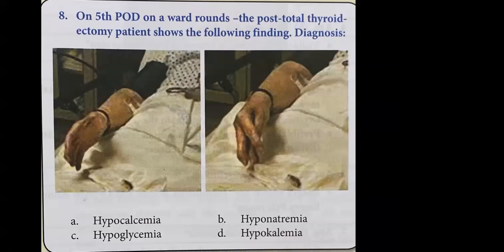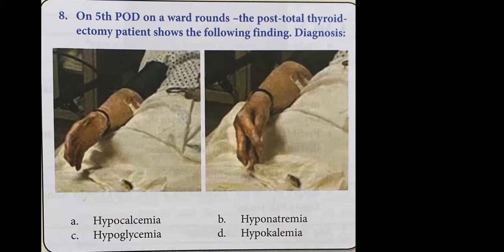It is usually one of the post-operative complications of thyroidectomy, total thyroidectomy. This is also an important question. See, in the AIIMS pattern, the NEET pattern, this FMG exam, foreign medical graduate exam, and this NEET UG exam, everything they are asking clinically now.